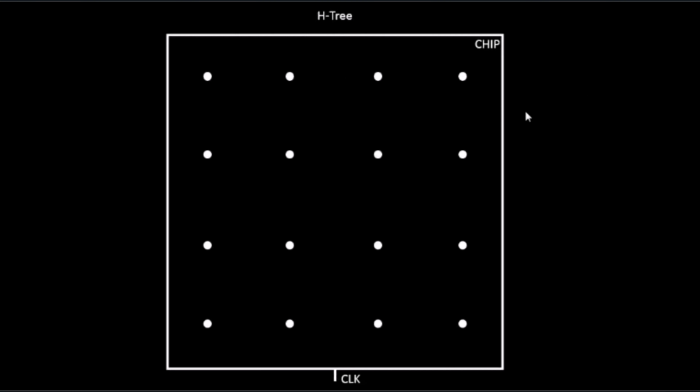So we'll have this one complete half with us, and this complete half with us. Since there are 16 clock endpoints that we need to connect to, we can't take a direct approach. We have to move step by step. So the first step is to divide this chip into this half and this half. So we have divided into two halves.